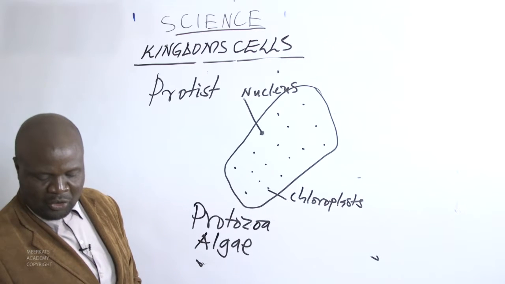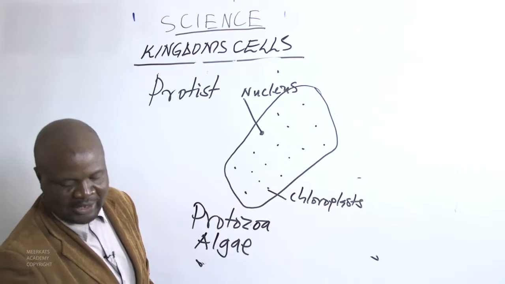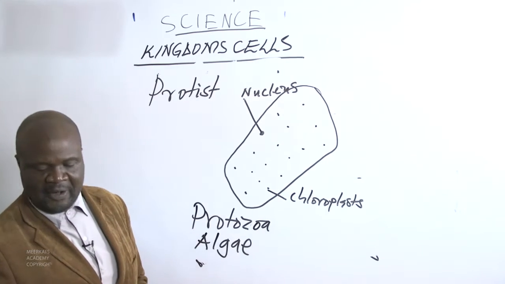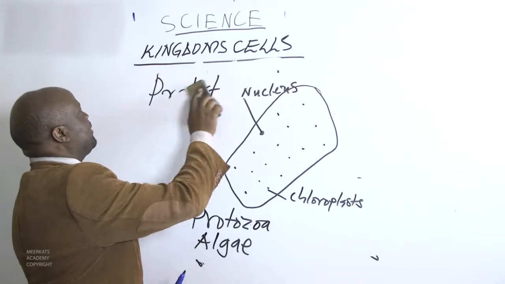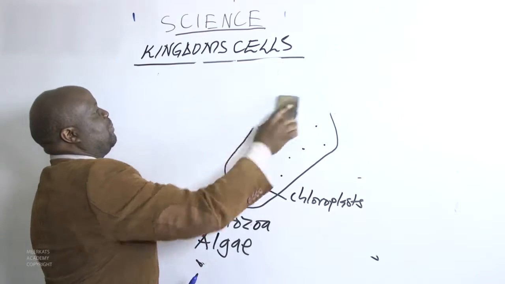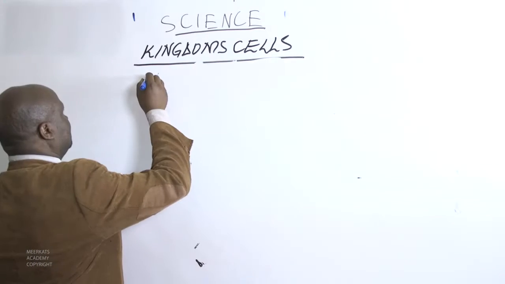Now, we can go ahead and see another kingdom. We can see the fungi kingdom, so that we see the characteristics that are present in the cells that make up the fungi kingdom.